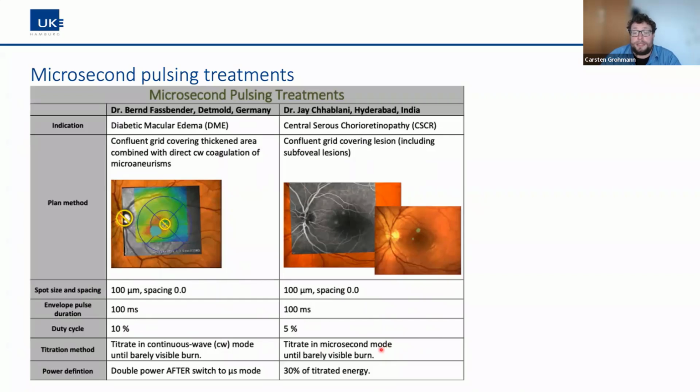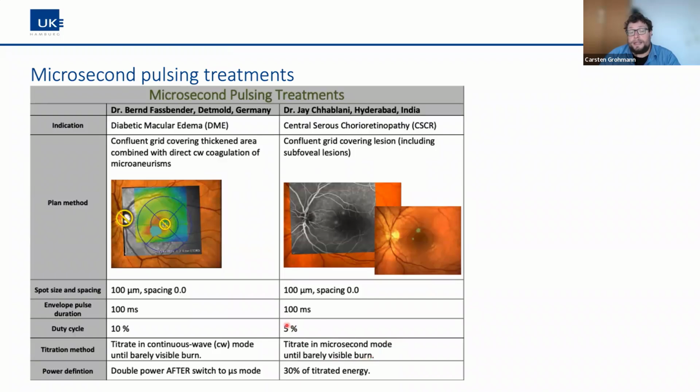It's very important for the CSCR that you titrate in microsecond mode until a barely visible burn, which can be at an energy of about 900 to 1000 or more milliwatts.